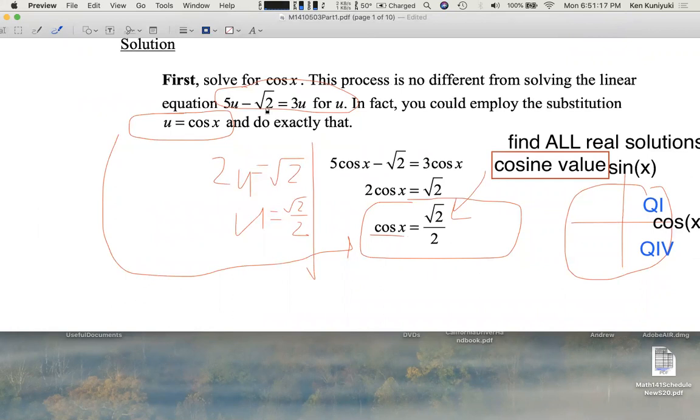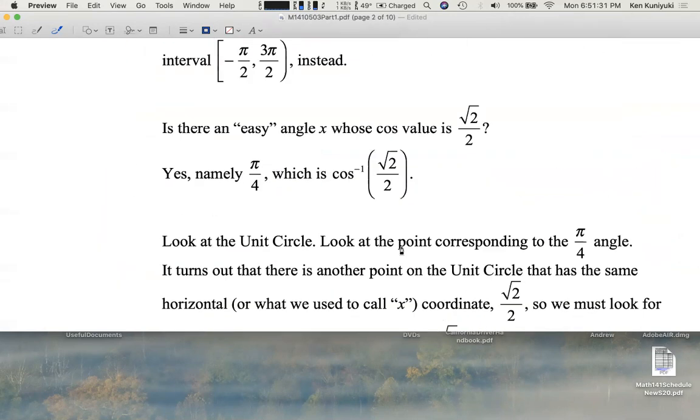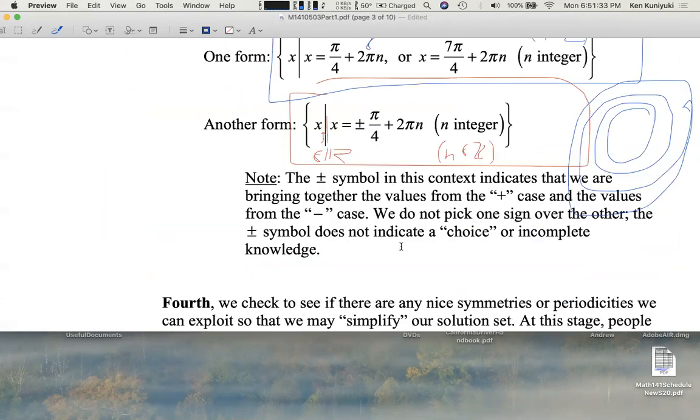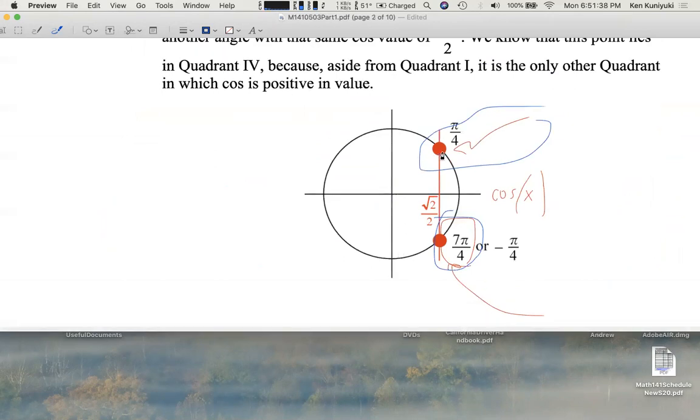And instead of solving the original equation, it's a lot easier to solve this bottom equivalent equation over here. Cosine of x equals root 2 over 2. We found the solution set for this equation. There are different ways of writing it, but basically they corresponded to all the representatives for this northeastern point in quadrant 1 and this southeastern point in quadrant 4.